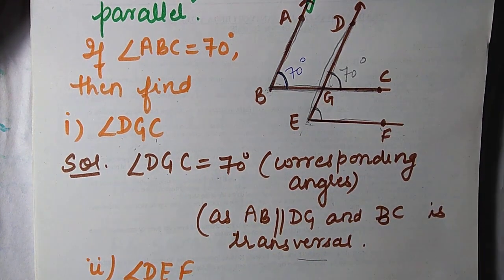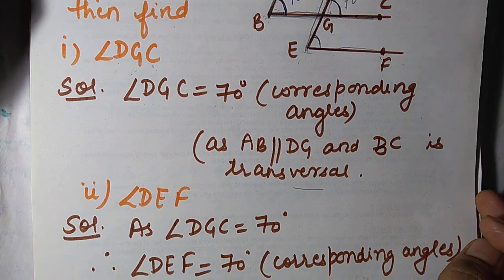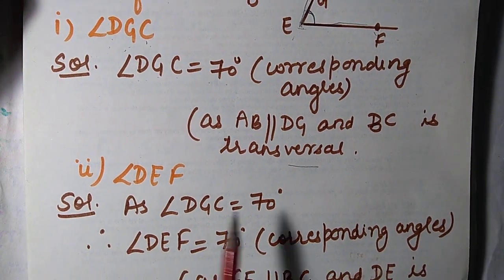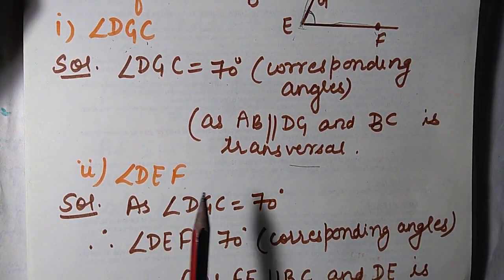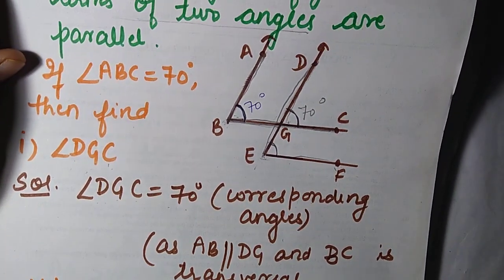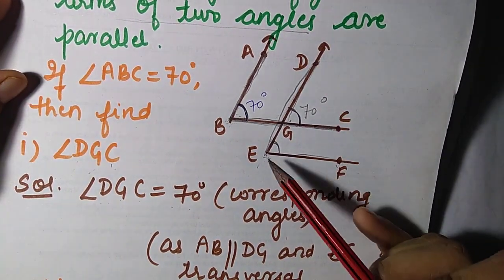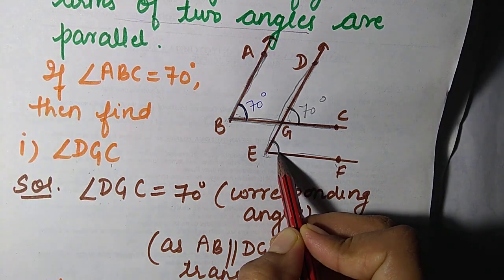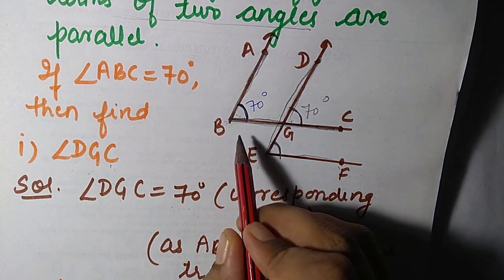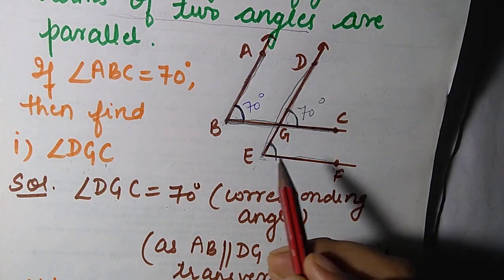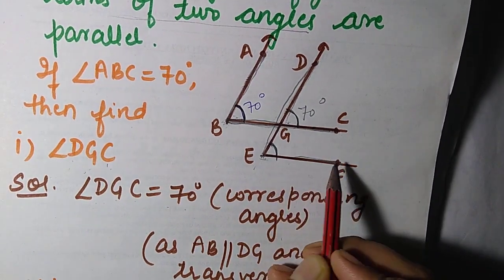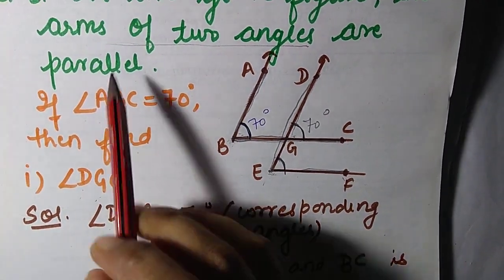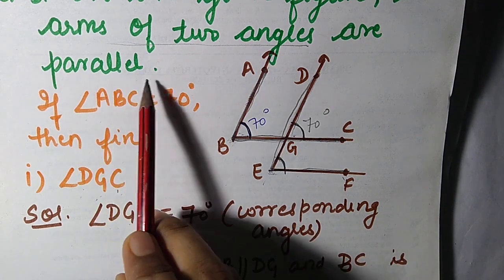Now come to the second part. In the second part we have to find angle DEF. Where is DEF? It means we have to find this angle. It is given that BC is parallel to EF, because in the question it is given that the arms of two angles are parallel.